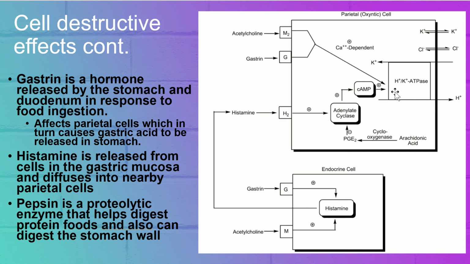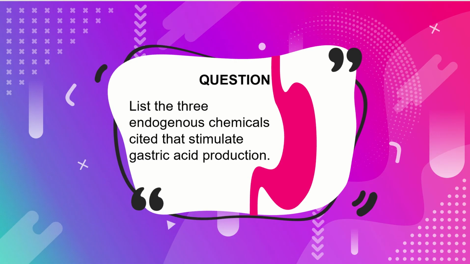And you also have pepsin, which is a proteolytic enzyme that helps to digest protein foods and also can digest the stomach walls. So before we go on any further, let's do a quick check. List the 3 endogenous chemicals cited that stimulate gastric acid production.